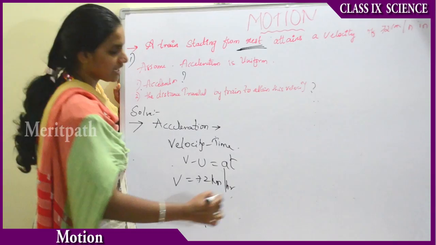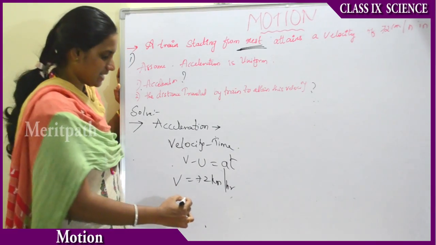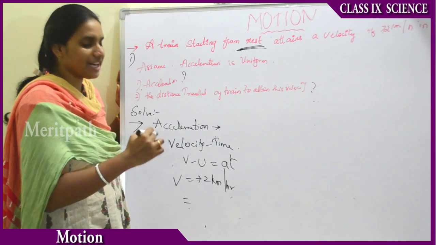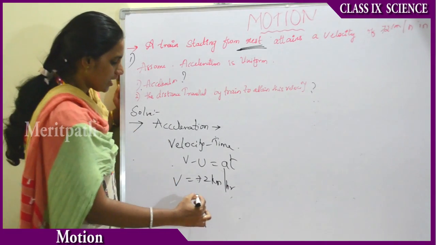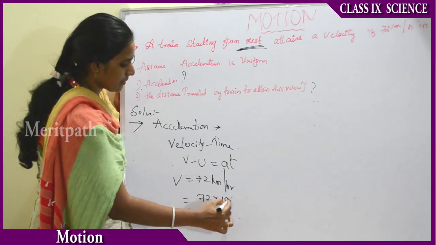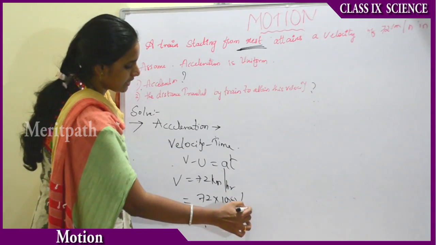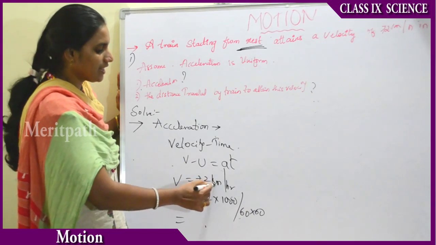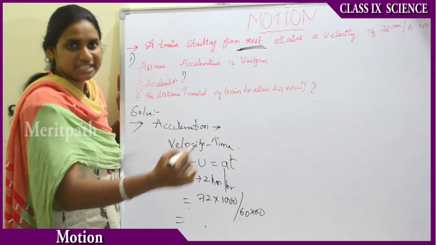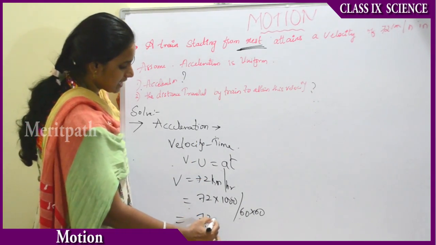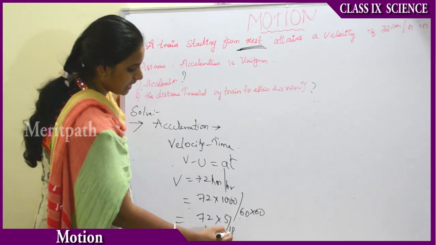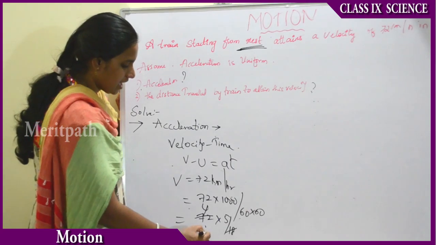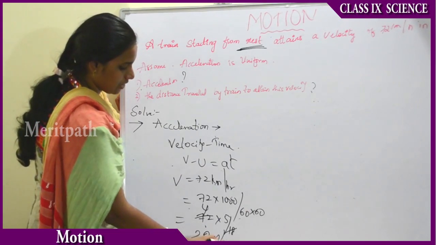Therefore 1 kilometer equals 1000 meters, 1 hour equals 60 minutes and 1 minute equals 60 seconds. Therefore 72 into 1000 by 60 into 60. We are converting the units from kilometers per hour into meters per second. Now we get 72 into 5 by 18, and 18 fours are 72, so we get 20 meters per second.